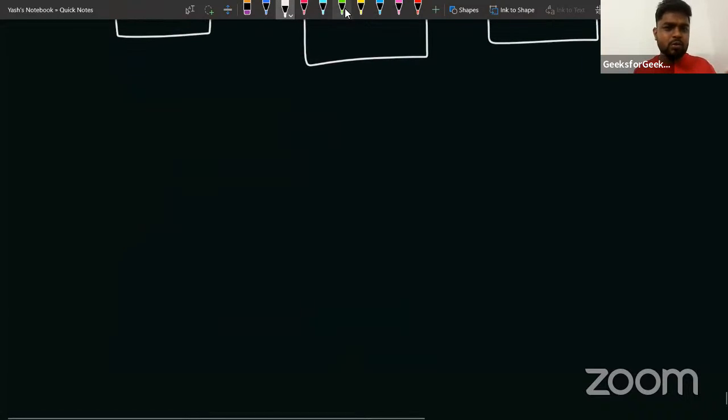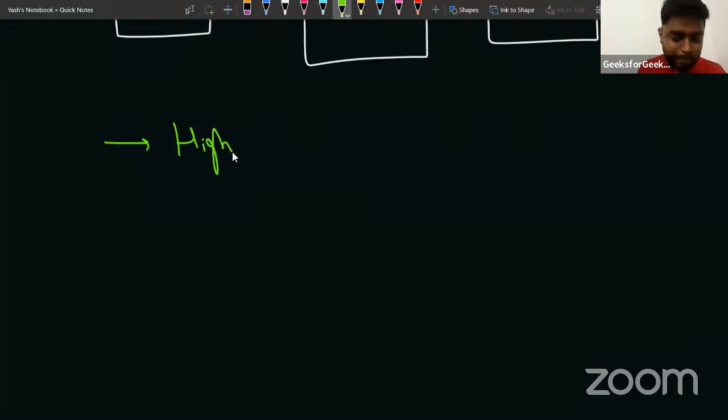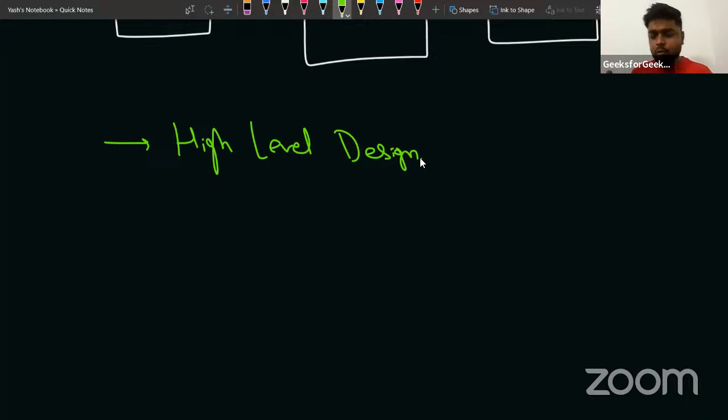Okay, now when it comes to high-level design, there is another important topic. Both low level design and high level design come under the system design category. As the term suggests, when we say low level design, we think about the raw code: what kind of code we are going to write, what kind of classes we are going to have.